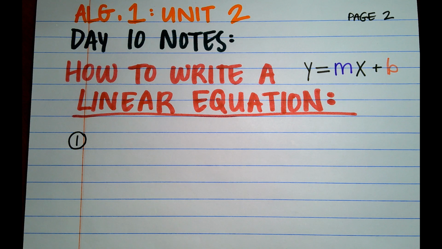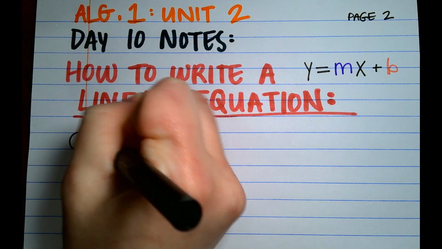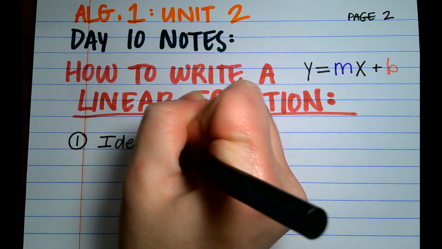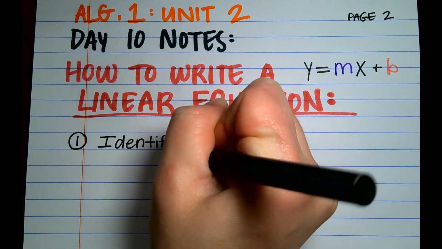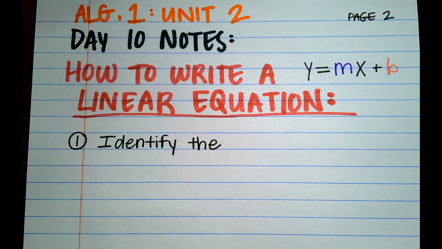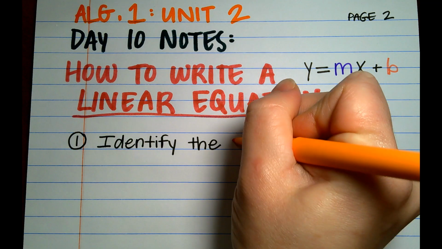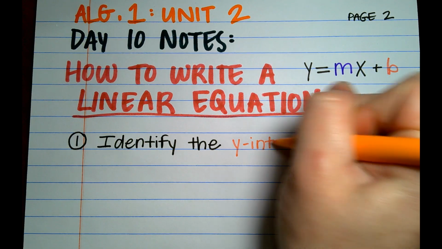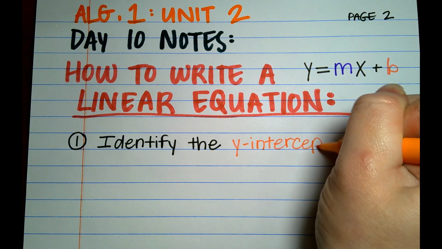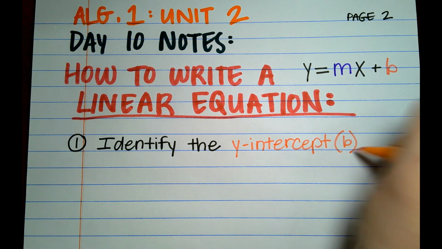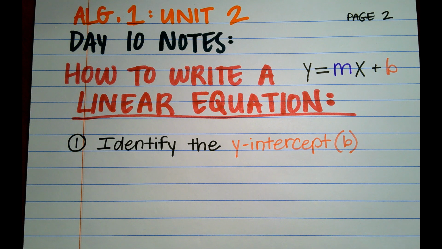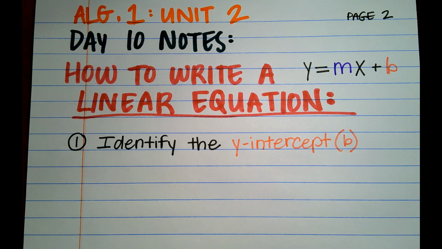We want to identify the y-intercept, or b. And in case we forget that, maybe we're looking back at our notes and wondering what on earth is a y-intercept? Somebody remind me, what is a y-intercept? What's that mean?